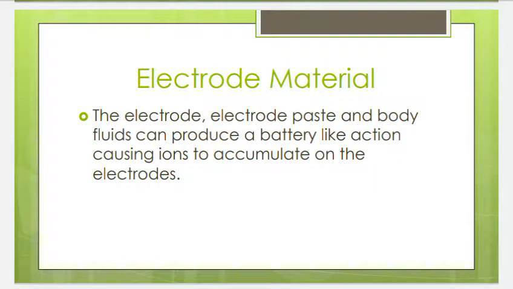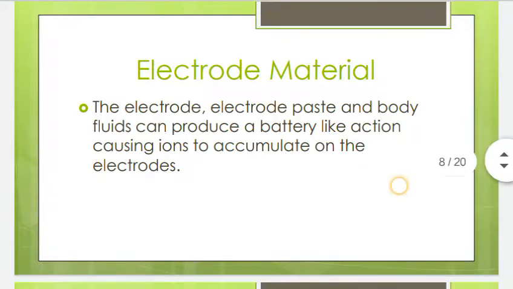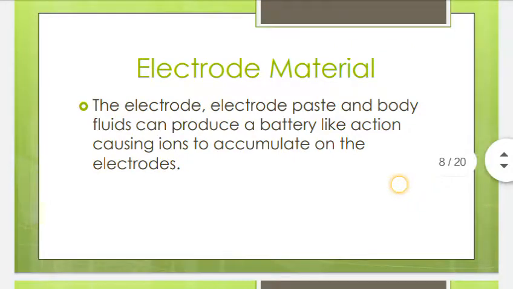Similarly, inside our body there is body fluid. Along with this body fluid, the electrode paste and the electrode can produce a battery-like action, causing ions to accumulate on the electrodes. Such polarization of the electrode can adversely affect the signal transfer. To minimize the polarization, the electrode should be made of a material relatively inert to the body chemicals.